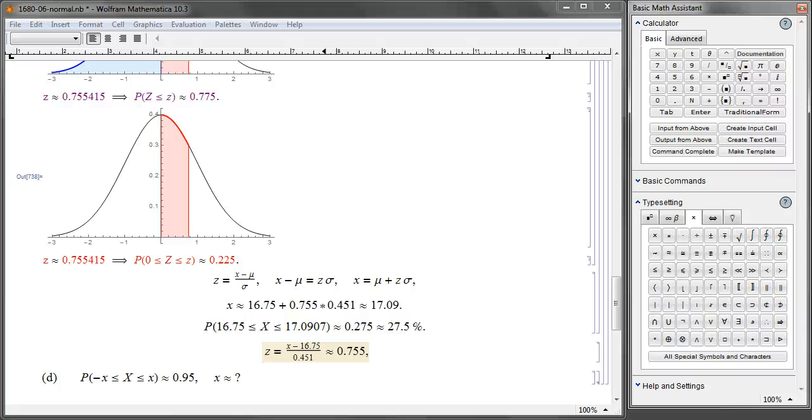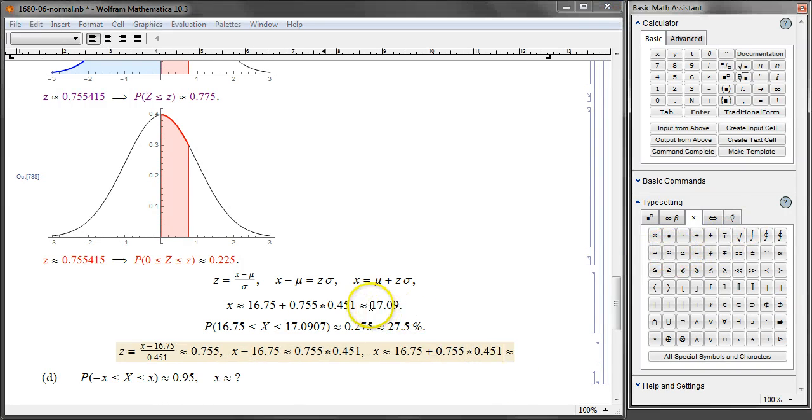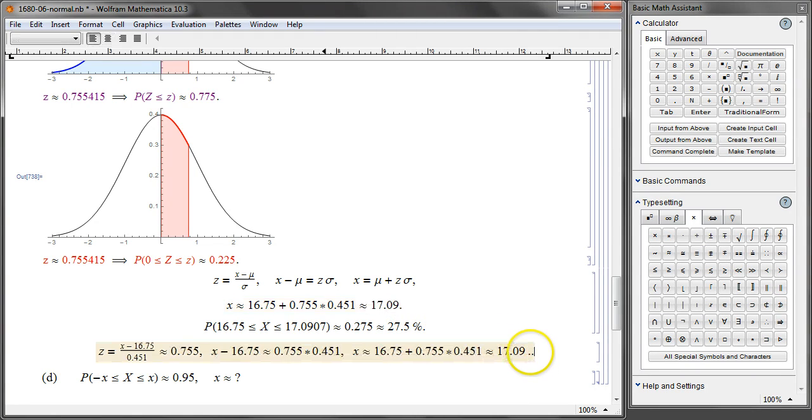Solving this, what do you get? x minus 16.75 is approximately equal to 0.755 times 0.451. Consequently, x is approximately equal to 16.75 plus this product. And if you calculate it, in the end, of course, you're going to get the same value because this is the same computation. That's another way.